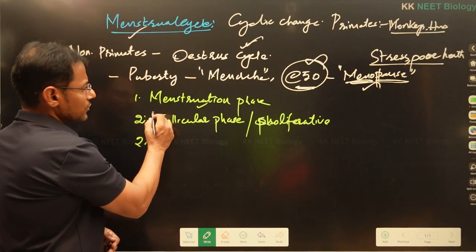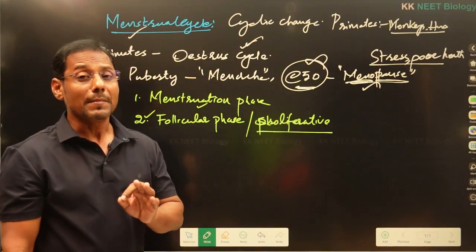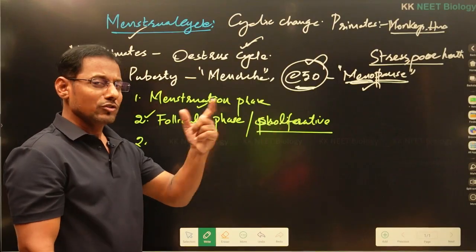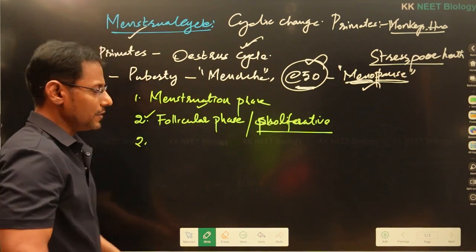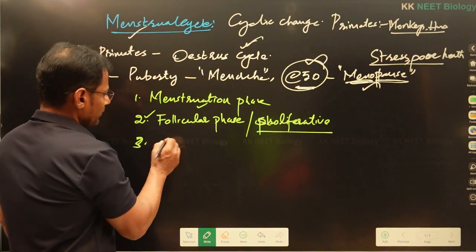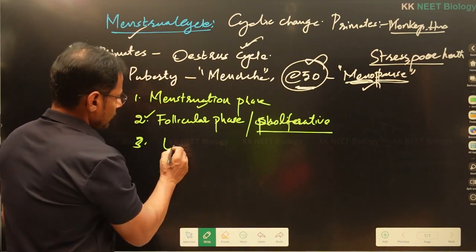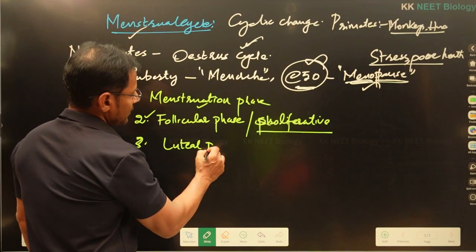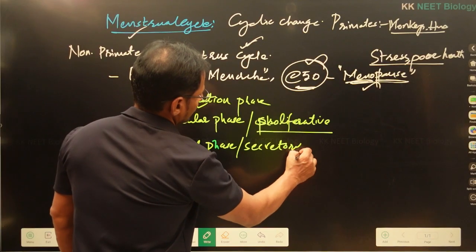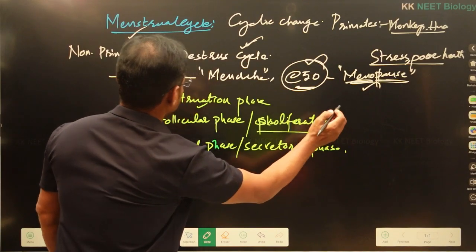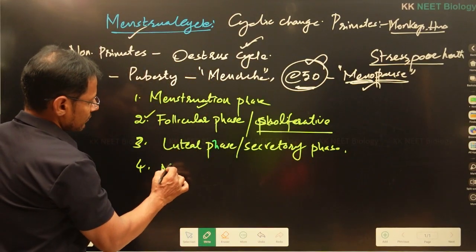Remember this one, because sometimes in the options you may get proliferative phase, and sometimes you may be asked as follicular phase. And the third one is the luteal phase, or else this is known as the secretory phase. After the luteal phase, again this menstruation phase restarts.